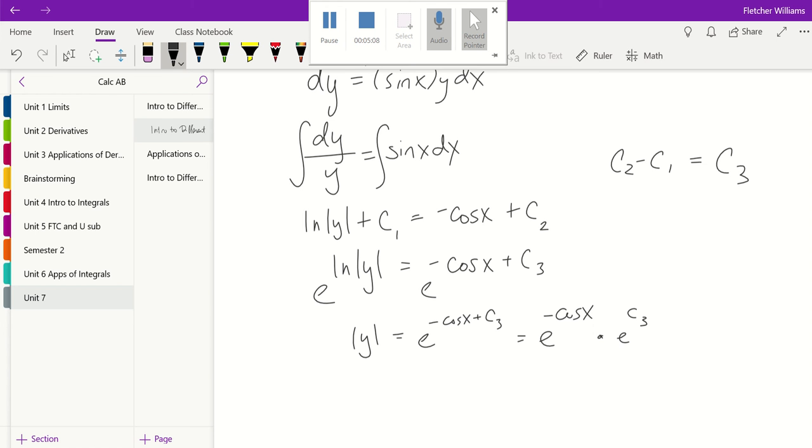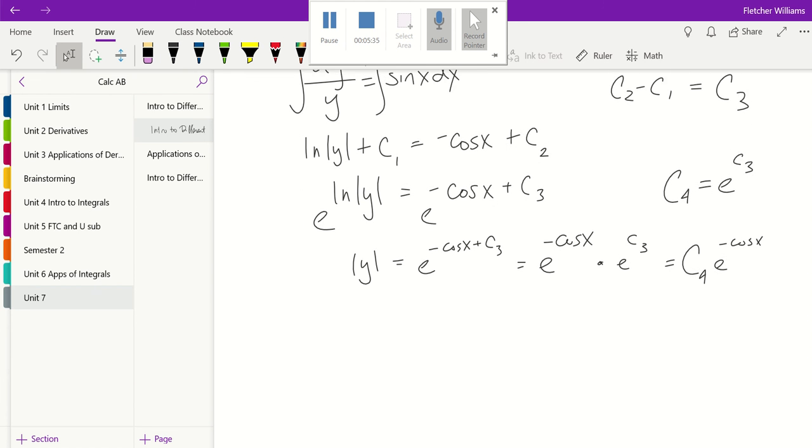And e is just a constant, and C3 is just a constant, so you could call C4 a new constant, e to the C3. So this is just C4 e to the minus cosine x. Okay. So then we have absolute value y equals C4 e to the minus cosine x.